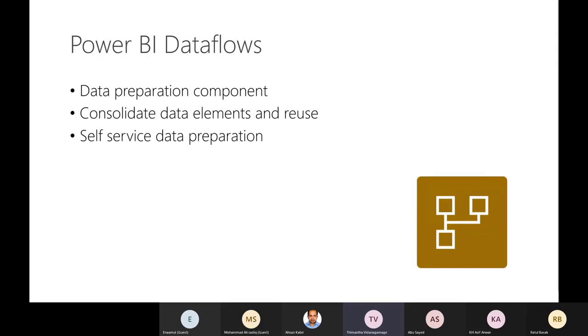That's what self-service data preparation means. That is promoted with the use of Power BI data flows.